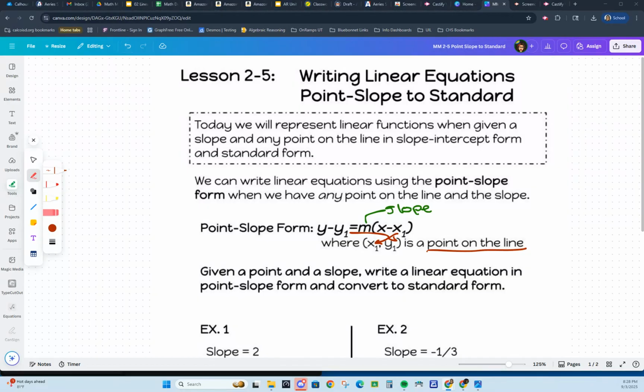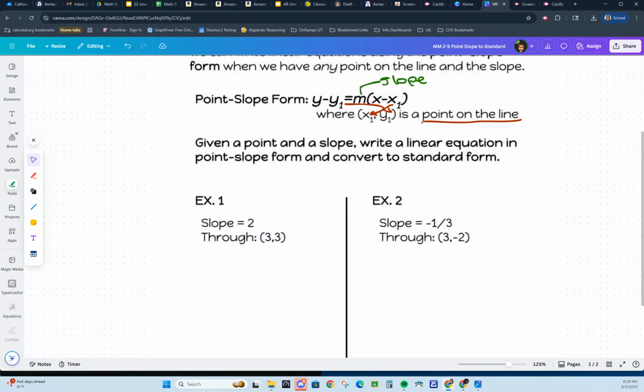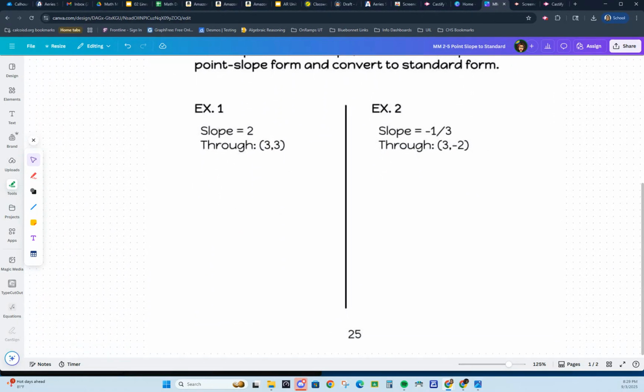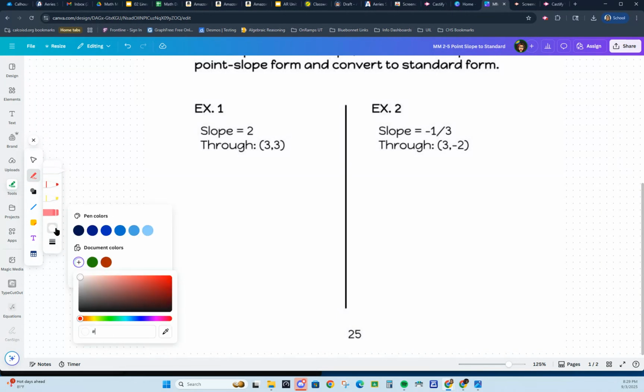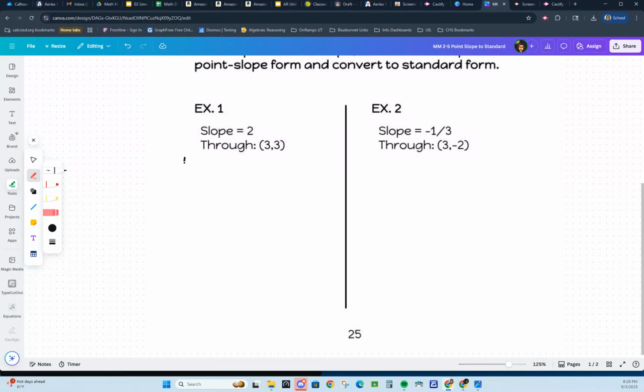Okay, so here is the first thing we're going to do. We are going to start with y minus.